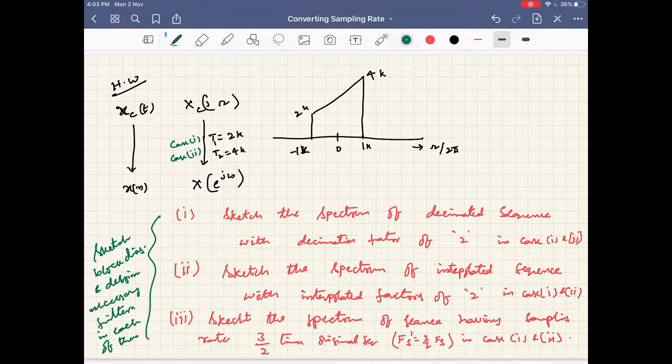Okay, and what I suggest is let us have a slightly different spectrum. So this is one instance of xc of j omega, and let us have another xc of j omega, 0 here.